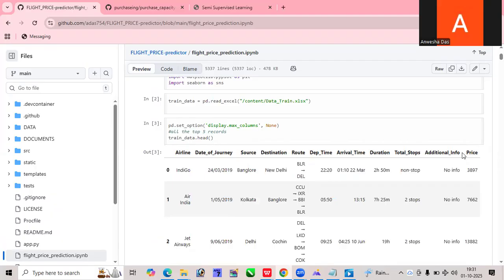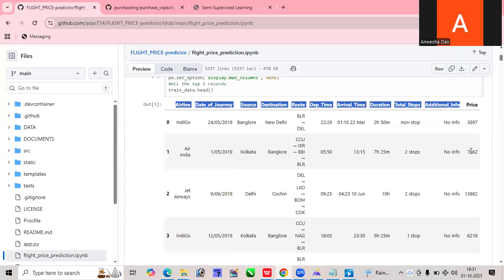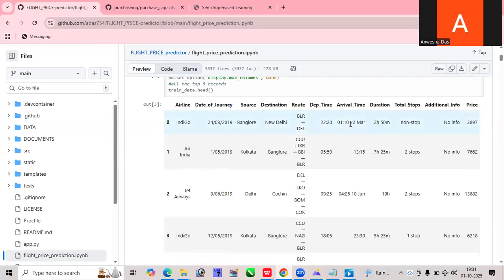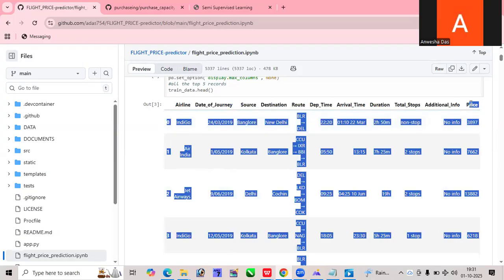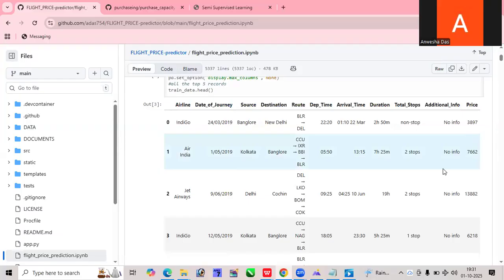So all of that is the input columns, and the price is the output column. And we can call all of these independent columns, and price depends on the particular independent columns.